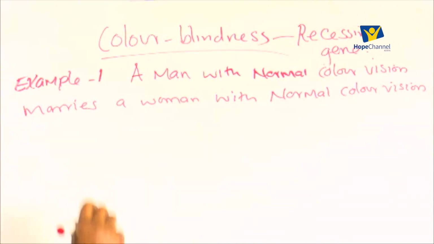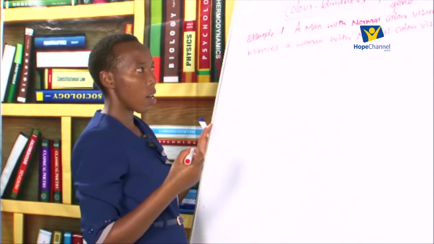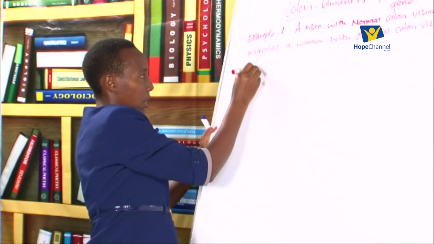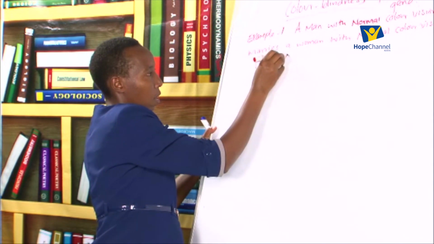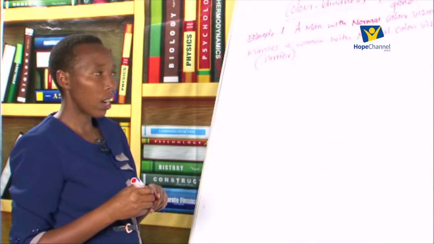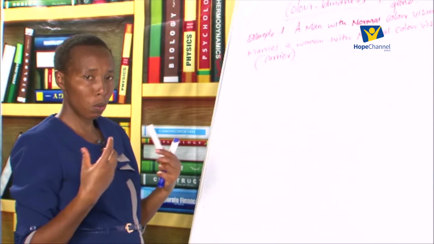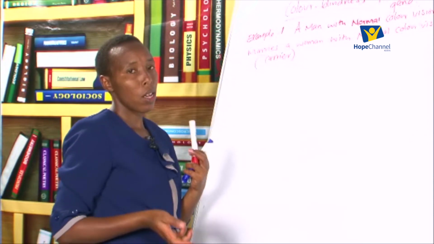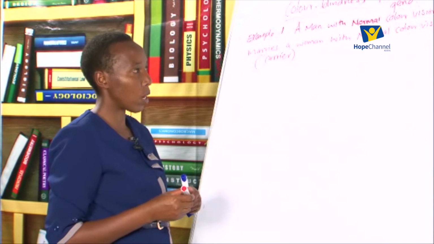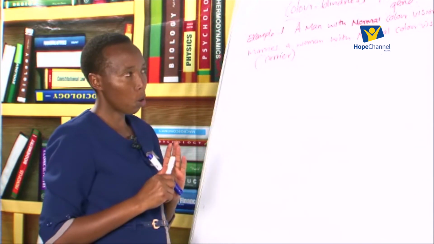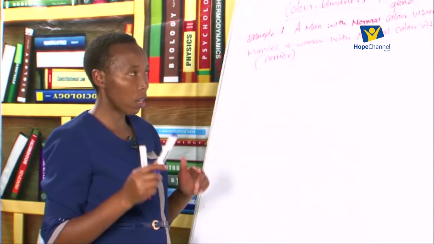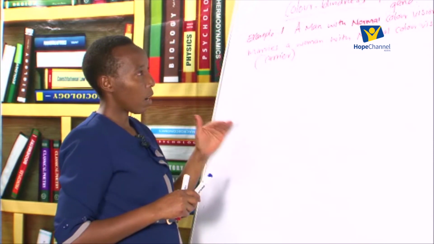But this woman, as much as she has a normal color vision, is a carrier. And I hope up to this point you understand what I mean by a carrier. A carrier is someone who is heterozygous. Heterozygous means you have the two genes, the dominant gene and the recessive gene. So the woman, yes, she has a normal color vision, but she is a carrier. She has the recessive gene for color blindness.